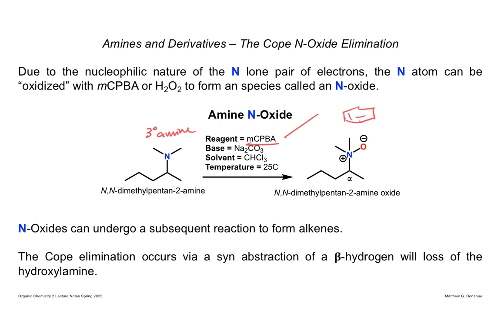So remember, that's a peroxide. So we have a lone pair. It's attracted to the electrophilic oxygen, and it makes this oxide.